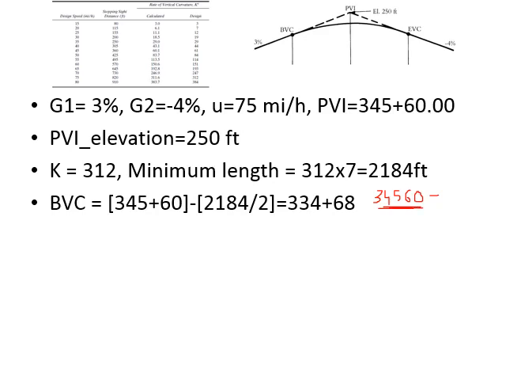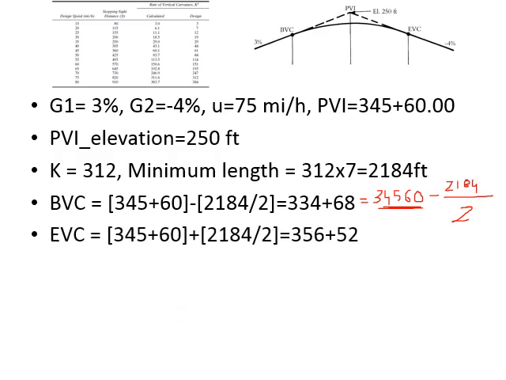Now instead of stations, it is distance, and then you do the subtraction. 2184 by 2. Okay, so you have distance and distance here, so you will get something. That something will be basically 33468. Before the last two digits you put the plus sign, 334 plus 68. So 334 complete stations, 33400 plus 68 feet extra.